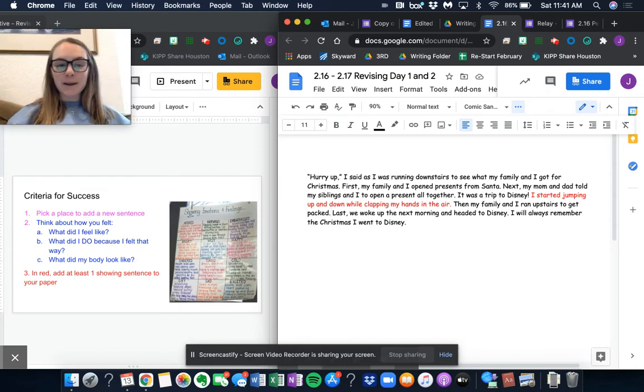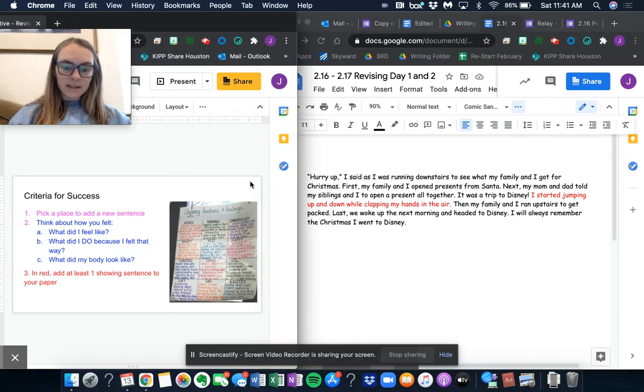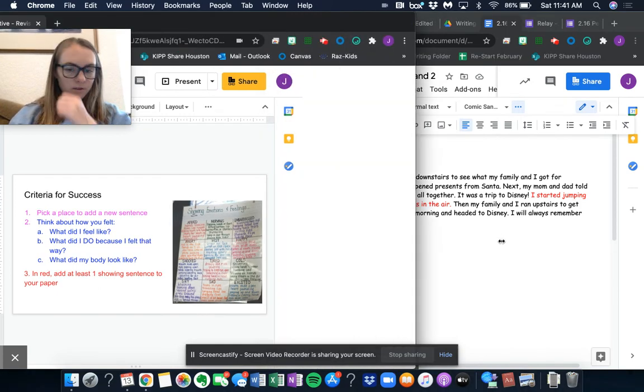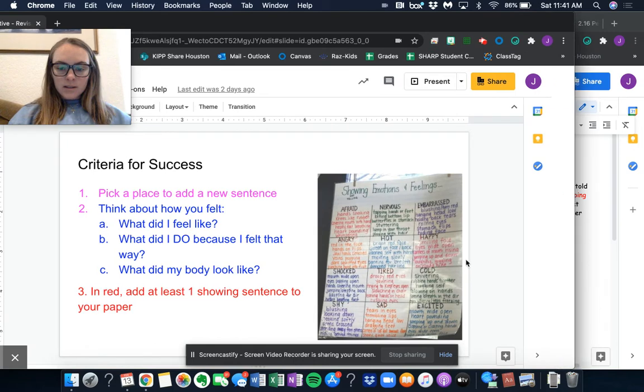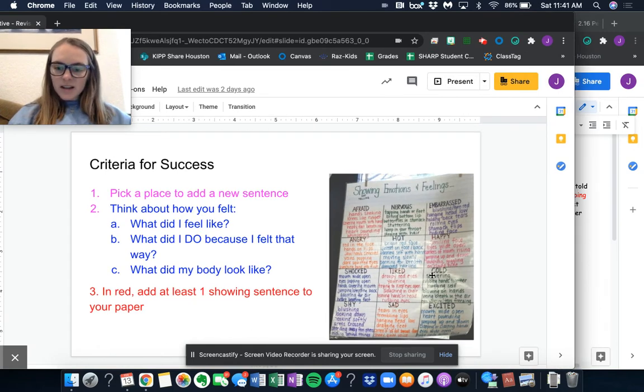I had the biggest smile on my face and I just couldn't sleep because I was too excited that we were going to go to Disney the next day. So instead of saying I was excited, what are some other things that I could write? Let's look again at our anchor chart. What are some other things I could write? Because I know I wasn't sad or shy, cold, tired, shocked.